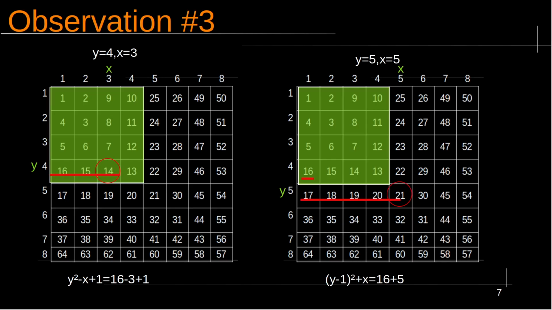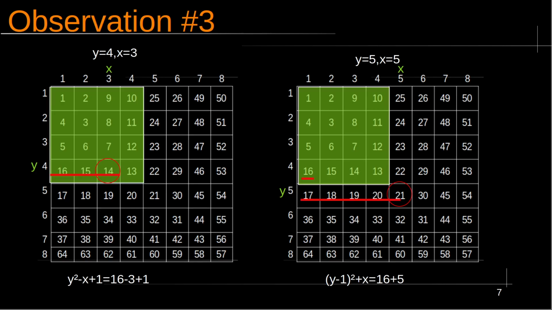So the formula is y minus 1 squared, because y is odd here in this example on the right, y minus 1 squared plus x.